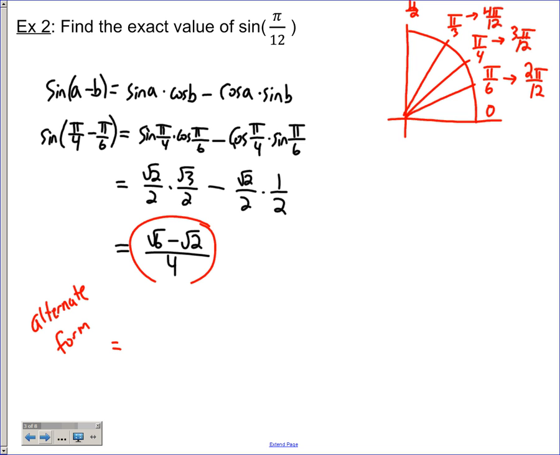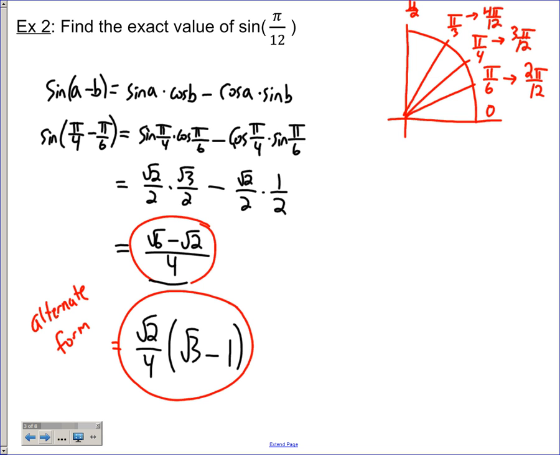So here, if we wanted to, instead, we could factor out a square root of 2 over 4 from both of these terms. And that's going to leave us with root 3 minus 1 in the parentheses. So sometimes you'll see that in the book.